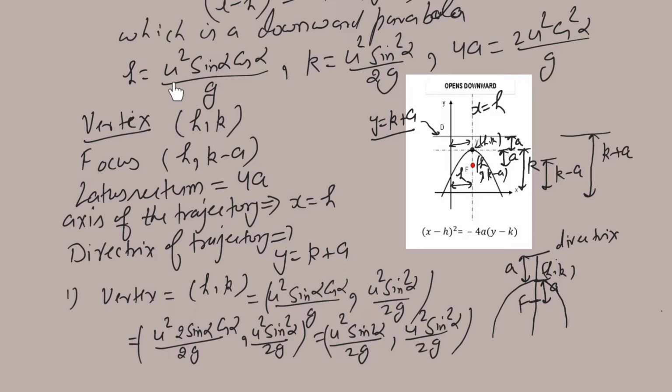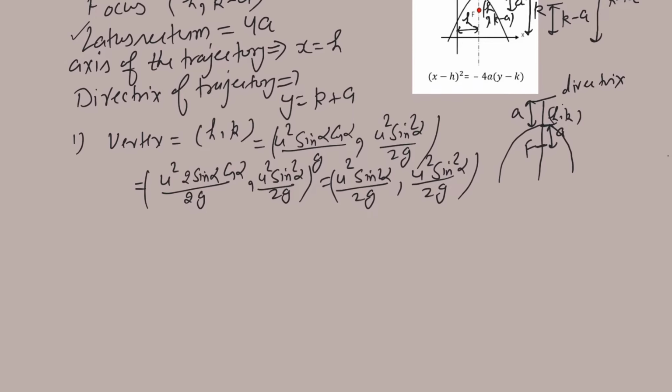Here we will be using this h, k and 4a. So you will note it down, these values, and I should also name these values as number 3. So with this we have calculated the vertex. Let us calculate the latus rectum. Now we see latus rectum is equal to 4a.